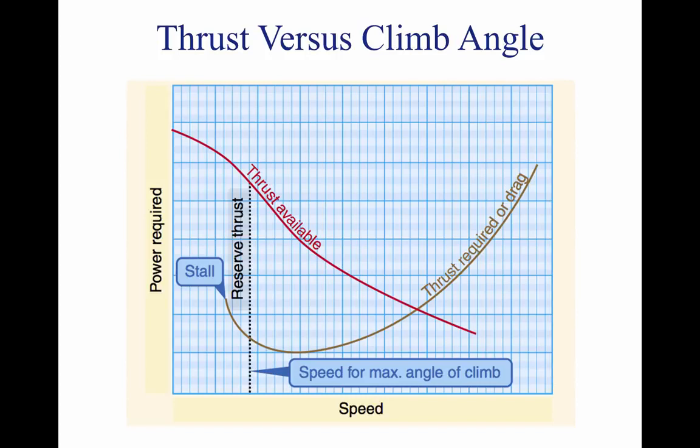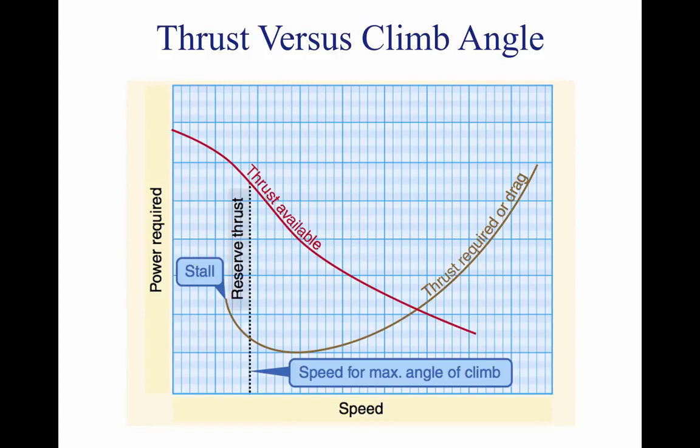The most immediate interest in the climb angle performance involves obstacle clearance. The most obvious purpose for which it might be used is to clear obstacles when climbing out of short or confined airports. The maximum angle of climb would occur where there exists the greatest difference between thrust available and thrust required.